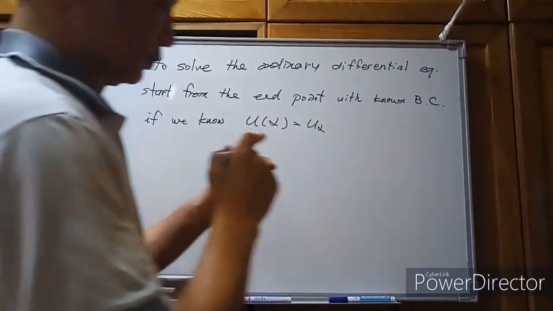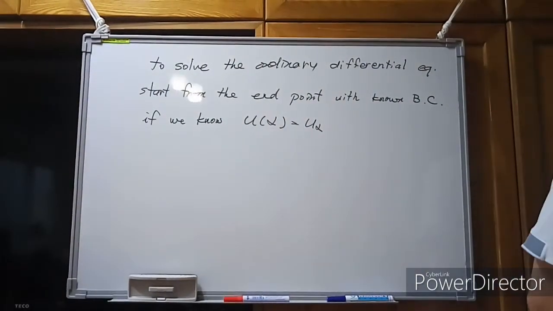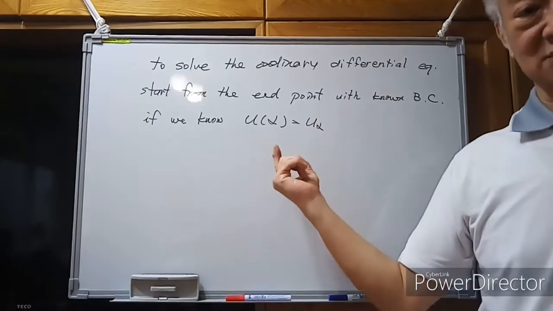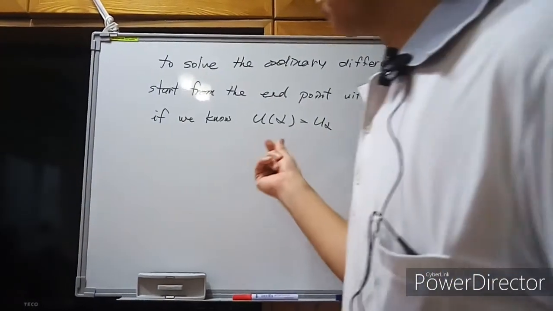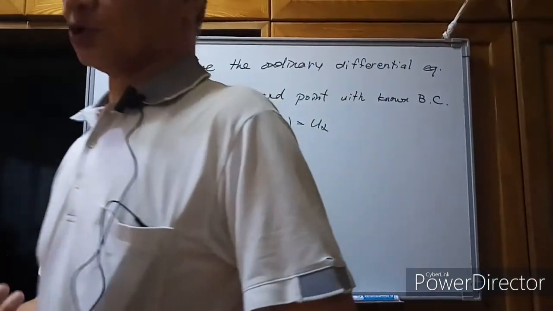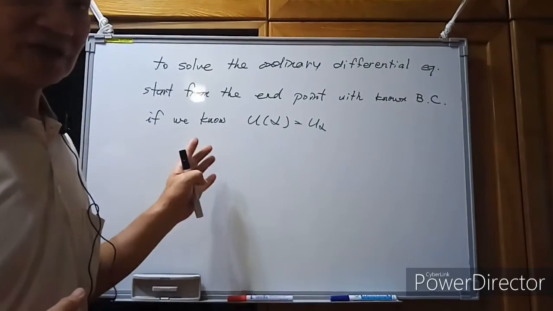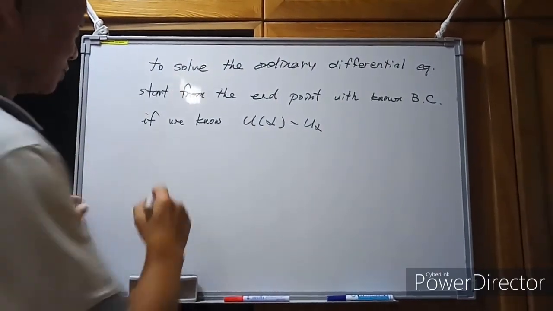Let's say we know the function value u of x equal to alpha, which is u alpha. That's the given boundary condition. We assume right now the boundary condition is at the left end. Then we can calculate the u of x.